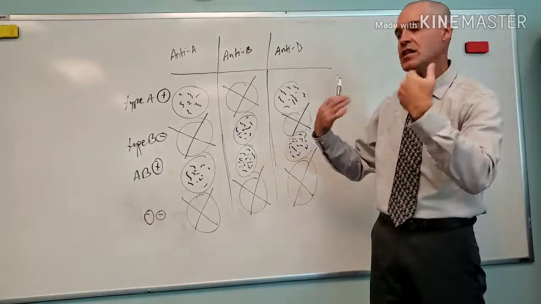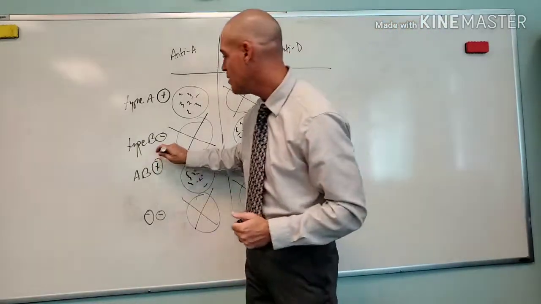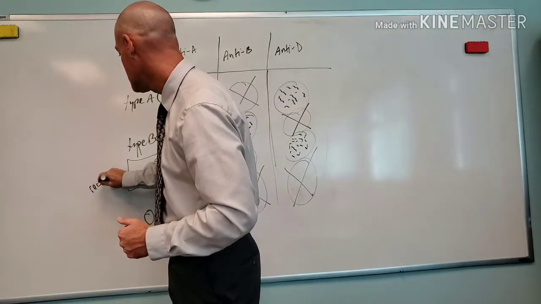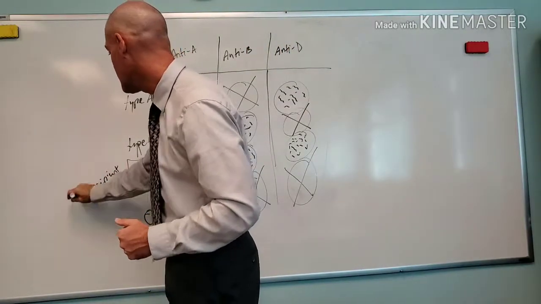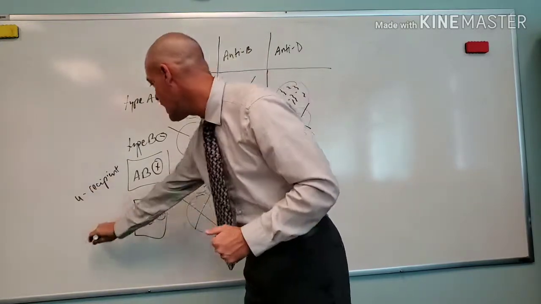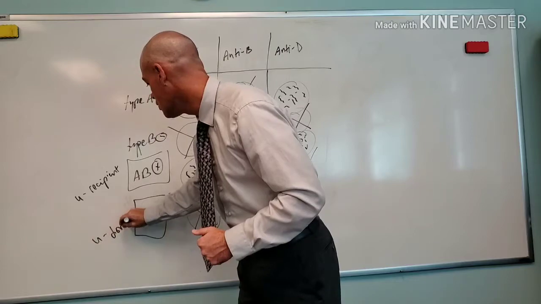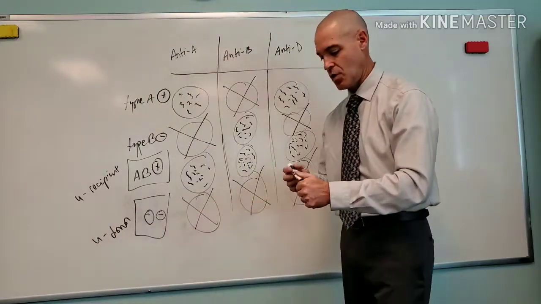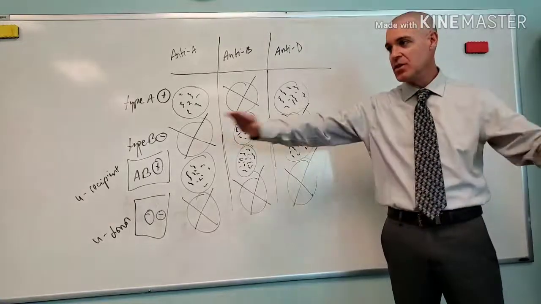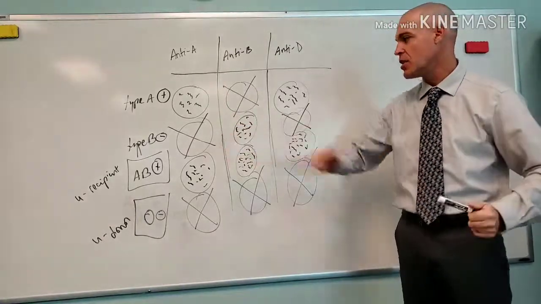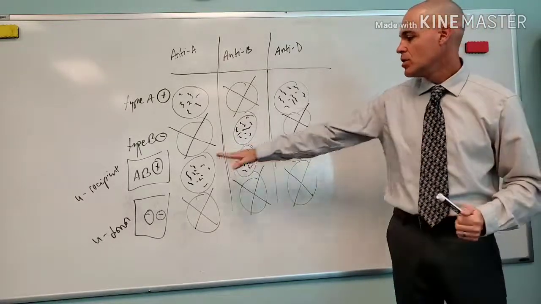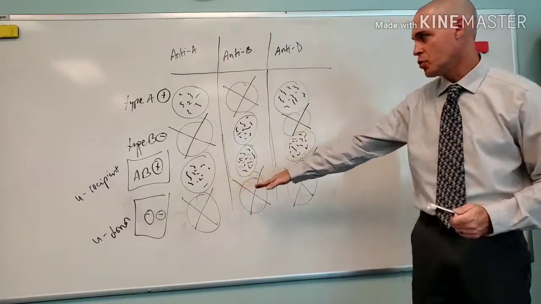So they can receive. This guy is the universal recipient, right? So we'll just put universal recipient, and this guy, like we just said, is the universal donor, okay? AB positive, if you want to get totally technical, is going to be the universal recipient, okay? So O negative, again, being the universal donor.